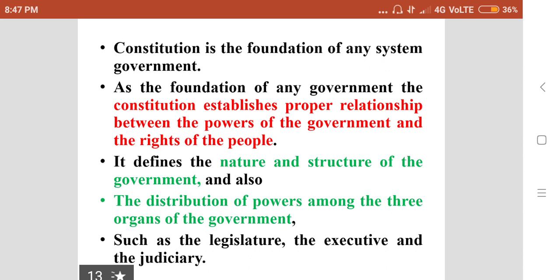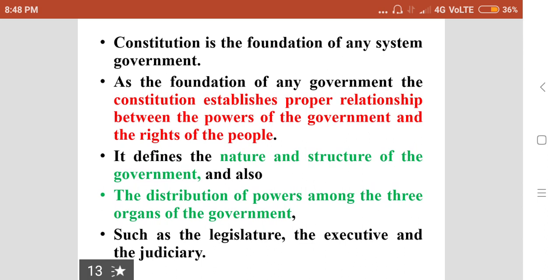It defines the nature and structure of the government and also the distribution of powers among the three organs of government, such as the legislature, the executive, and the judiciary.